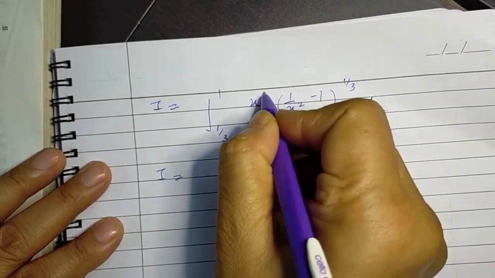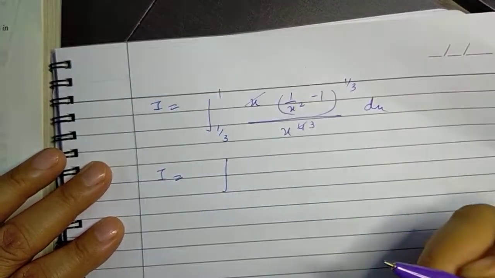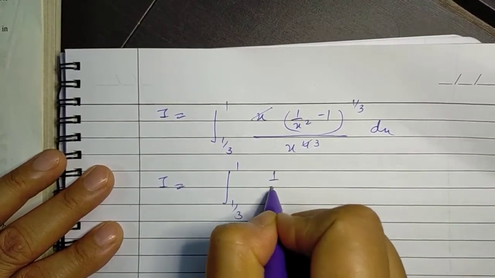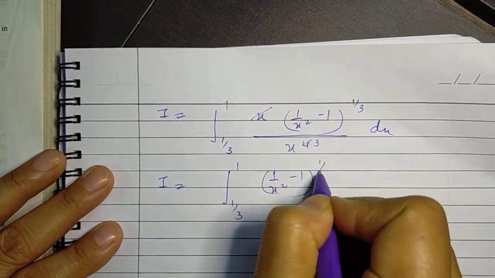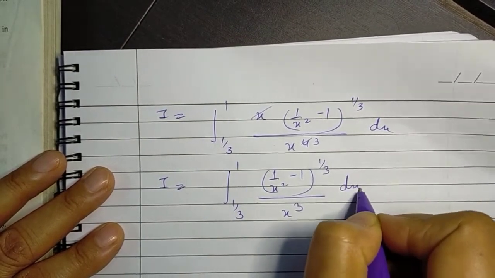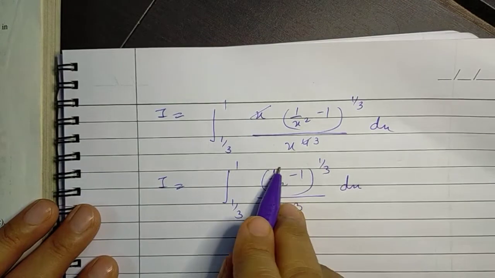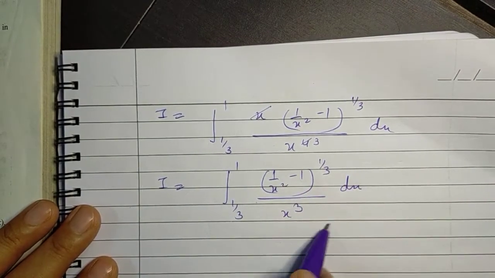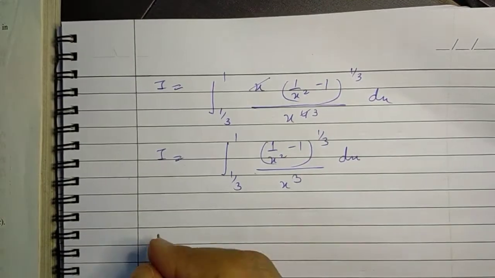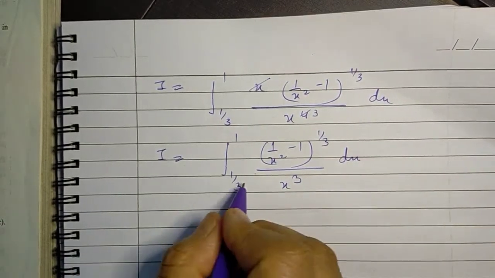One x gets cancelled, you're left with x cube. Now this is 1 upon x squared minus 1 raised to the power 1 by 3, whole upon x cube into dx. Very obviously, if you put this as t, 1 upon x cube into dx gets absorbed in dt, and then we use the regular method of solving it.